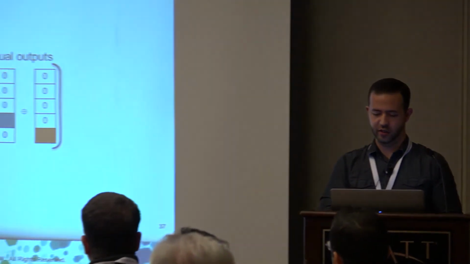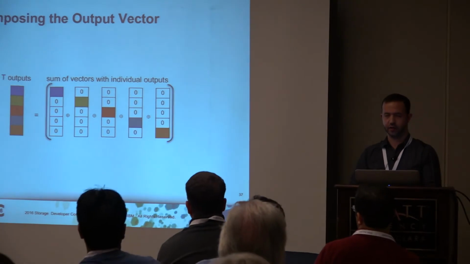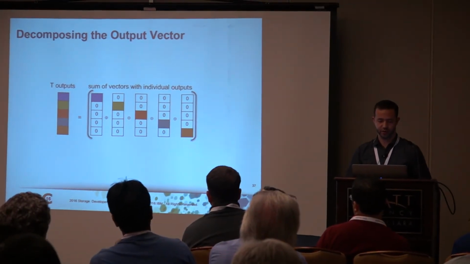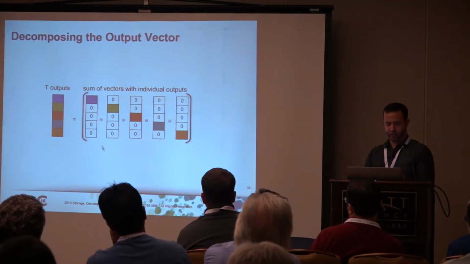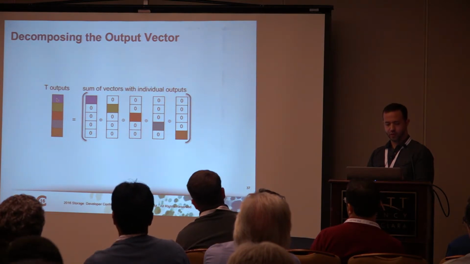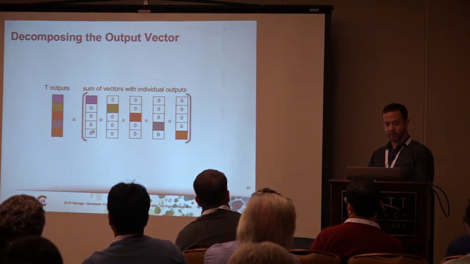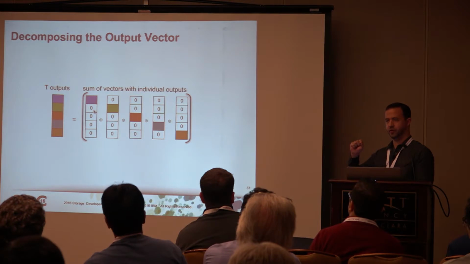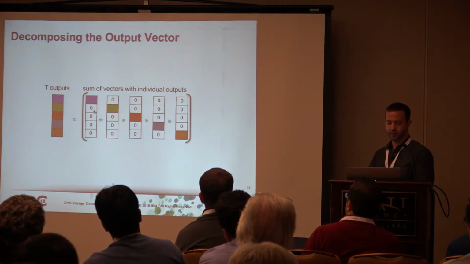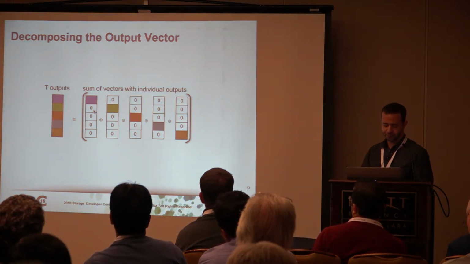So we had this vector of surviving outputs, but we can also view it as the sum of T, let's call them subvectors, each of which contains just one of the outputs and zeros in all the other positions. So for example, the node that stores this purple fragment can generate this subvector because he'll just substitute in zeros for the fragments he is unaware of.